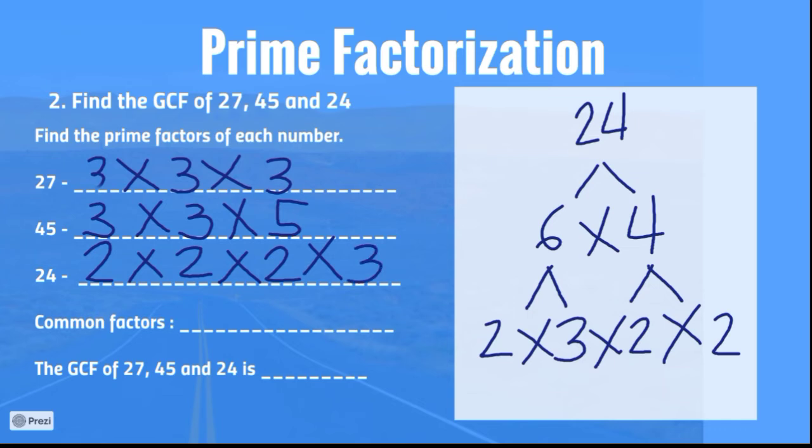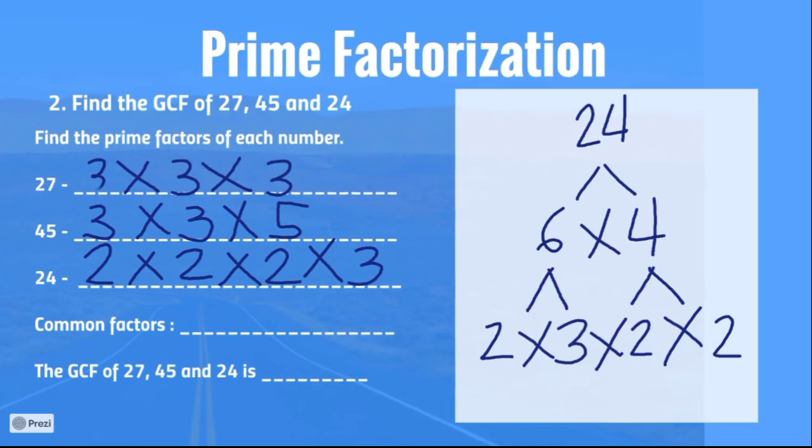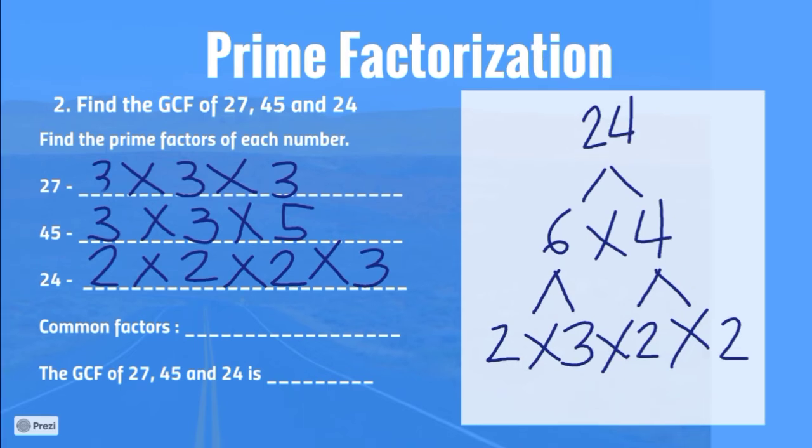Okay. So, dahil tatlo ang given, ang bibilugan nating factors dapat ay common sa tatlo. So, 27, 45, at 24. Kapag dalawa lang ang common, hindi siya considered as one group o count as one. So, titingnan natin kung ano yung common sa factors ng 27, 45, and 24. So, sa 27, 3, 3, 3.